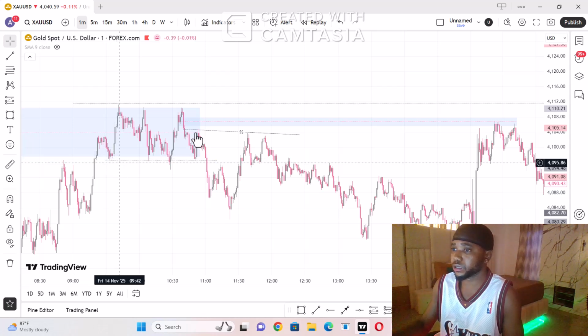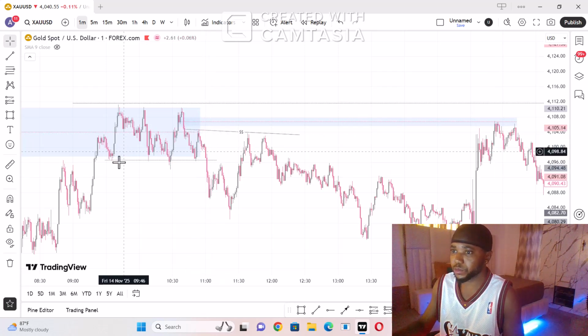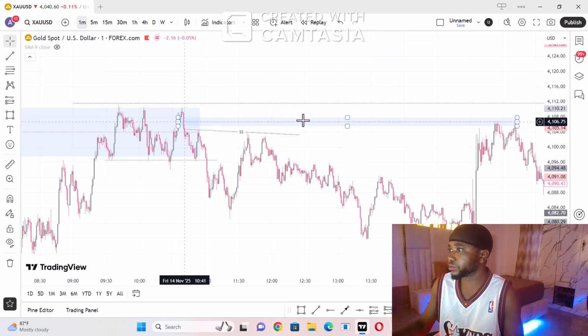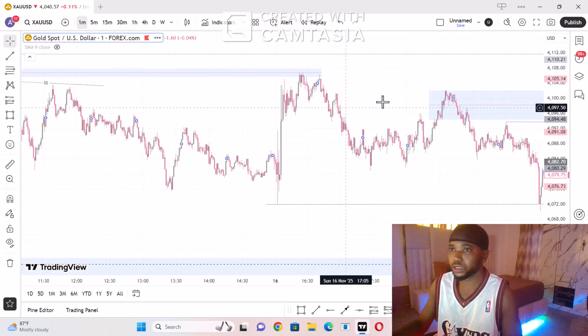The market created the liquidity, and the market went all the way up to sweep the last high before this market shift occurred. The market mitigated this fair value gap, then went all the way down. Let's go to 5 minutes.